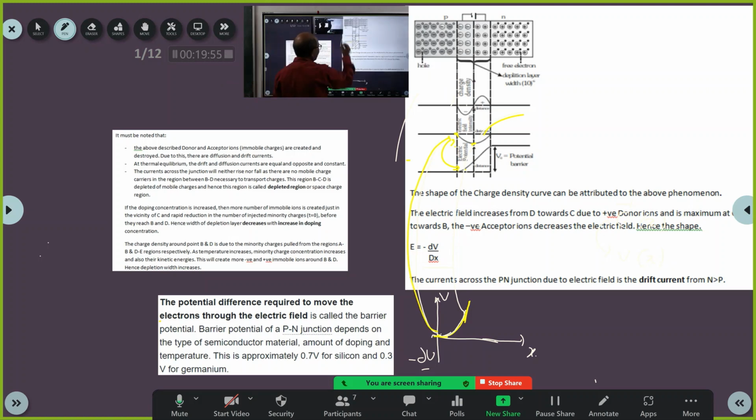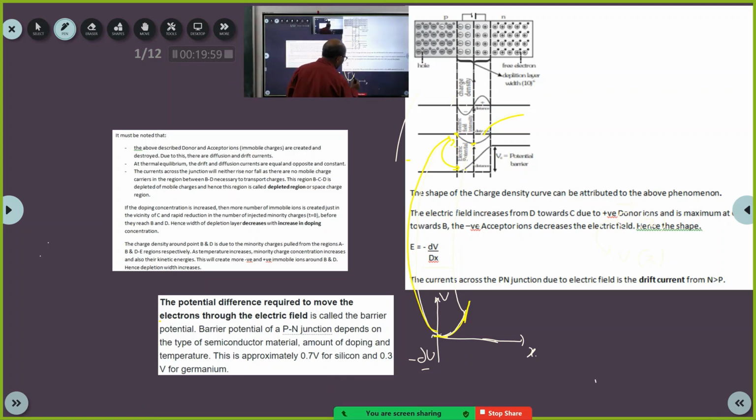Now further, how will this curve go? This curve should go like this. Understood? So the potential curve must be like this and like this. Here the slope is very less, so the electric field is also very less. Here the slope is very large, so the electric field is also very large. Correct?